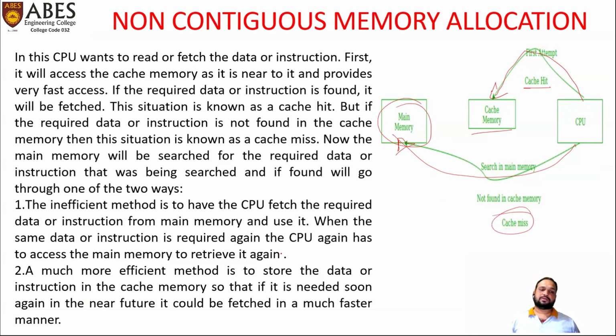The inefficient method is to have the CPU fetch the required data or instruction from main memory and use it. When the same data or instruction is required again and again, the CPU has to access the main memory to retrieve it again.